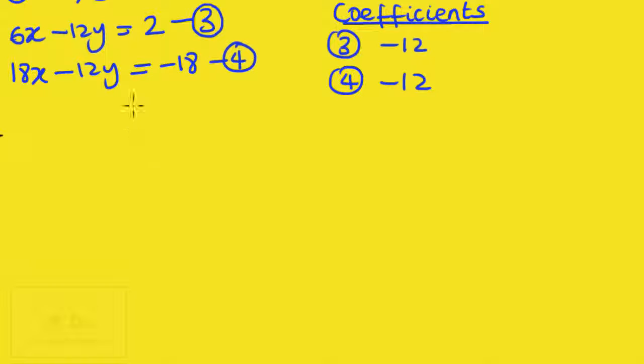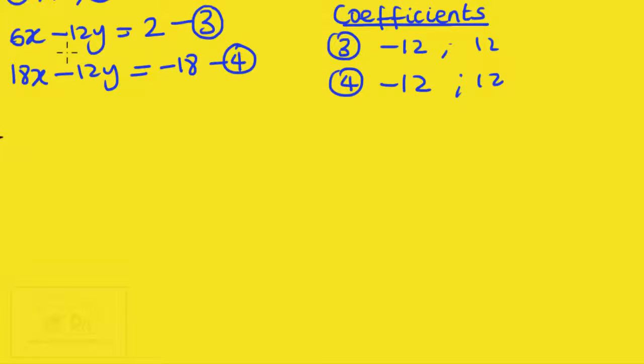Now we have two equations which have the same coefficient, and the magnitudes are both 12. So now we satisfy the condition where the coefficient of the variable being eliminated is the same in both equations. Now we check their signs.